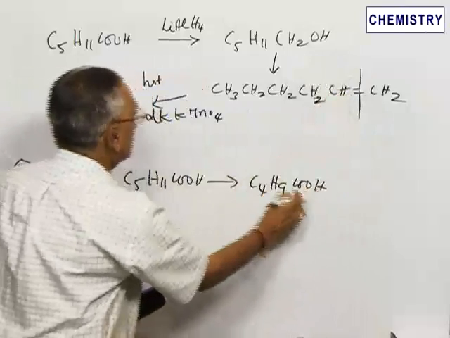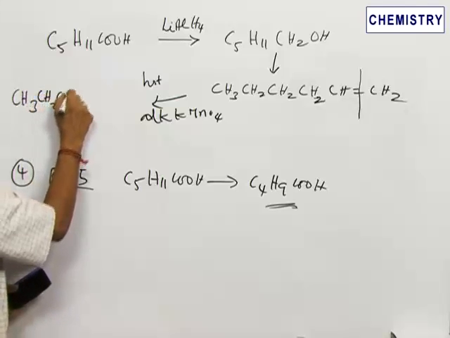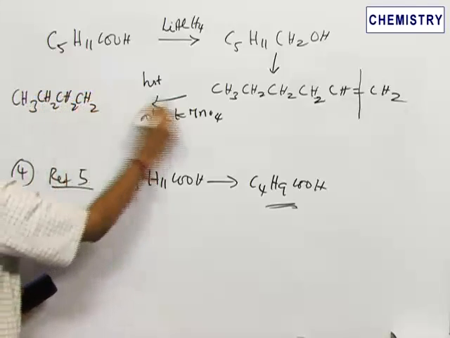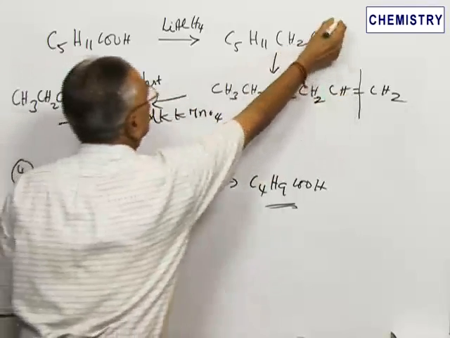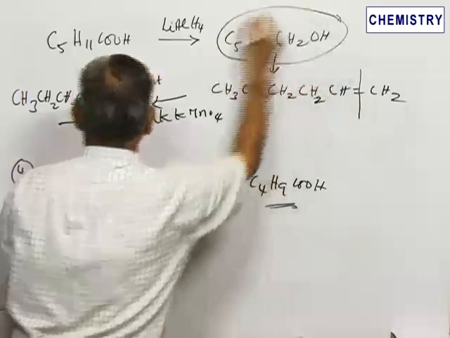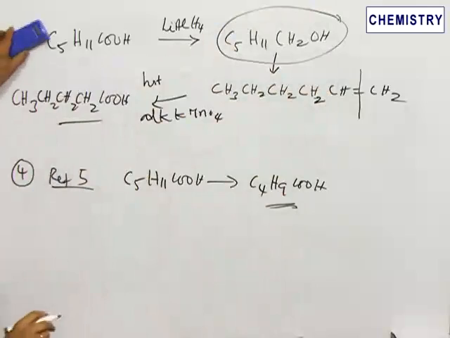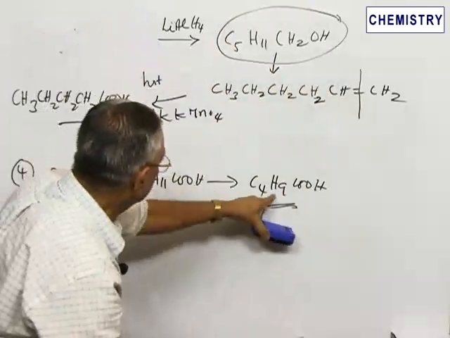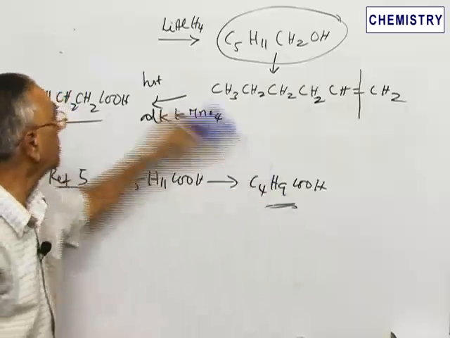This will become a COOH. So what we will actually get is CH3, CH2, CH2, CH2, then this will become COOH. So this is exactly what we want there. This is the compound that we need, C4H9COOH.